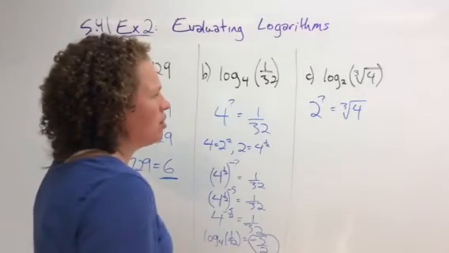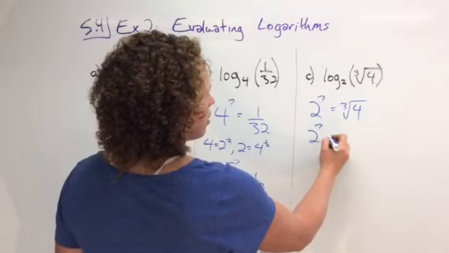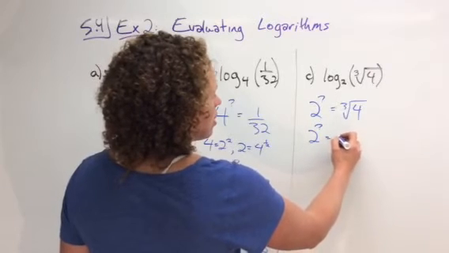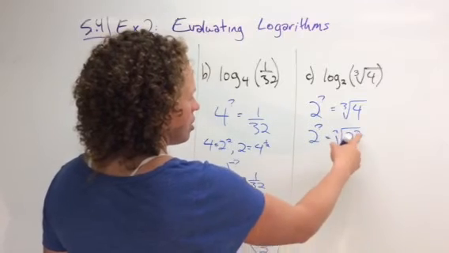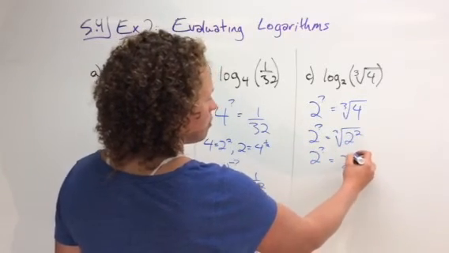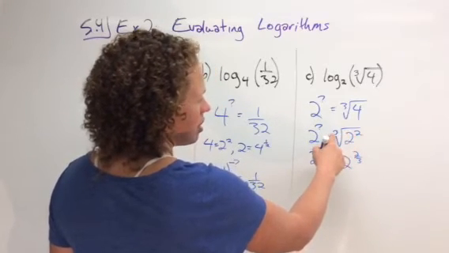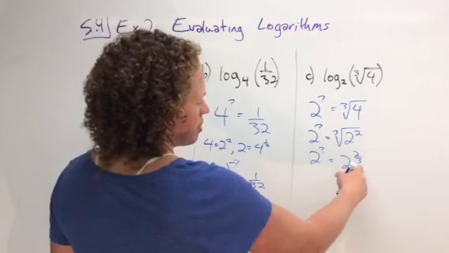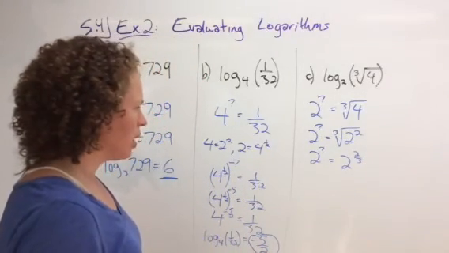So in your last unit, you would have recognized that 4 is actually 2 squared, so I can write 2 to the power of what equals the cube root of 2 squared. And then I can change this so that this is 2 to the power of what equals 2 to the power of 2 over 3, because any root becomes the denominator of a fraction exponent.